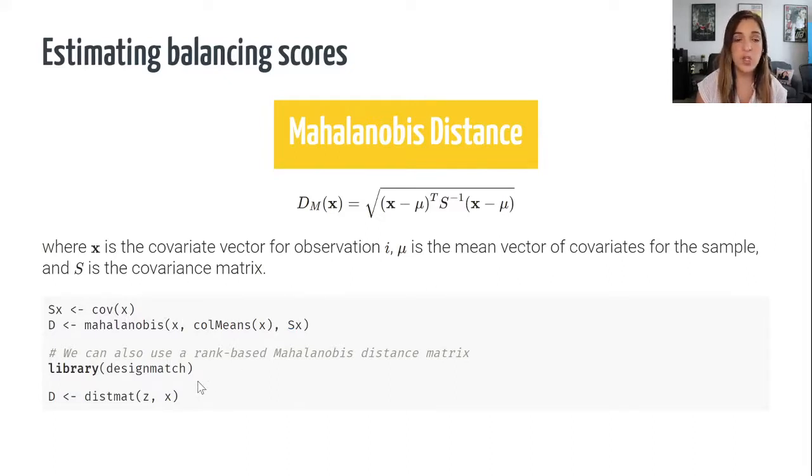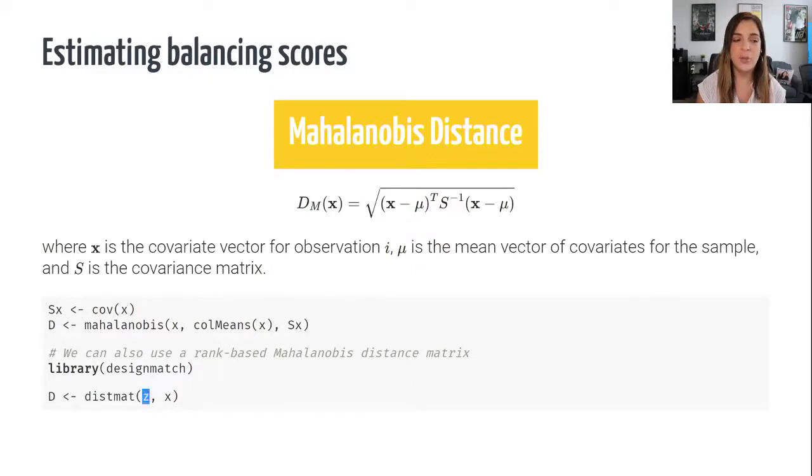In the same way, you can use a rank-based Mahalanobis distance matrix, which is the same, but basically it also ranks the distances. So again, we can use kind of an absolute measure in that sense to do the matching. And you can construct that very easily with the DiffMean package.